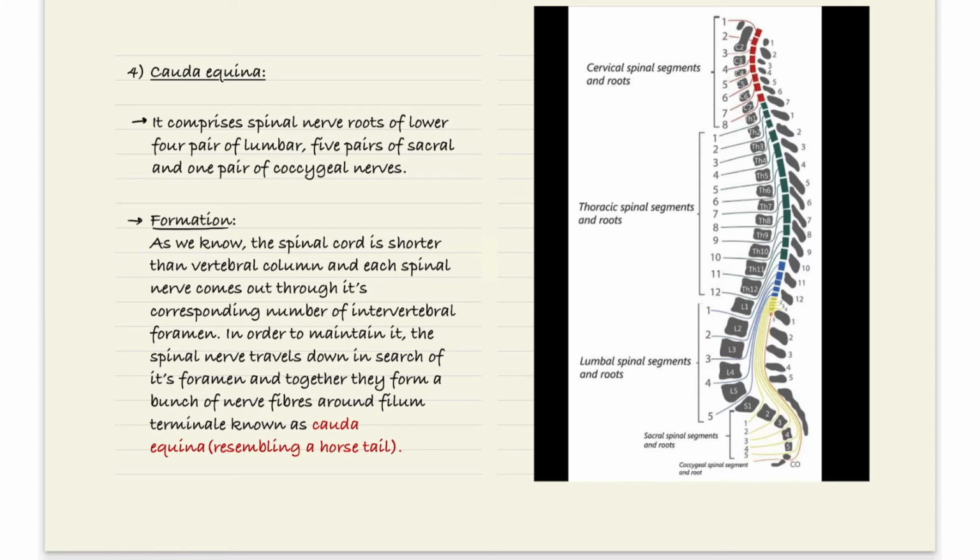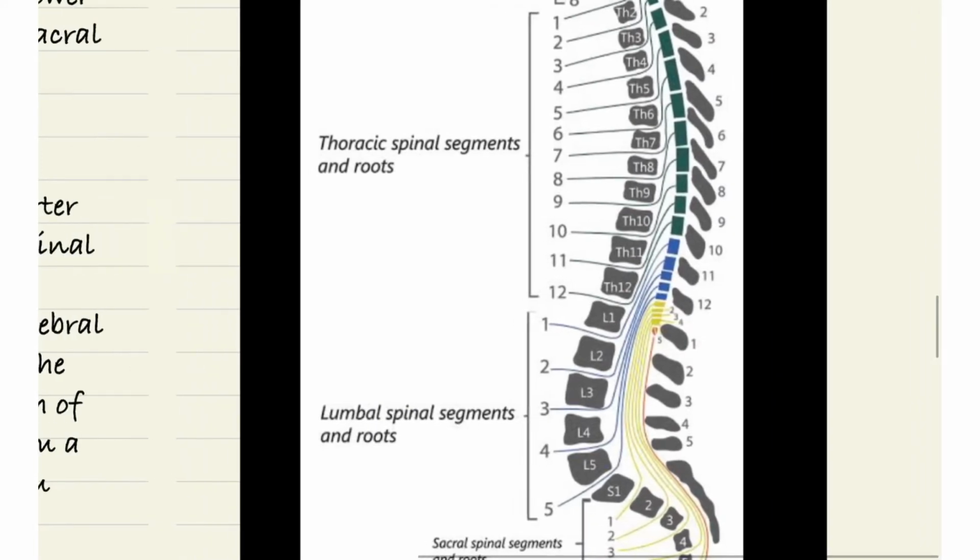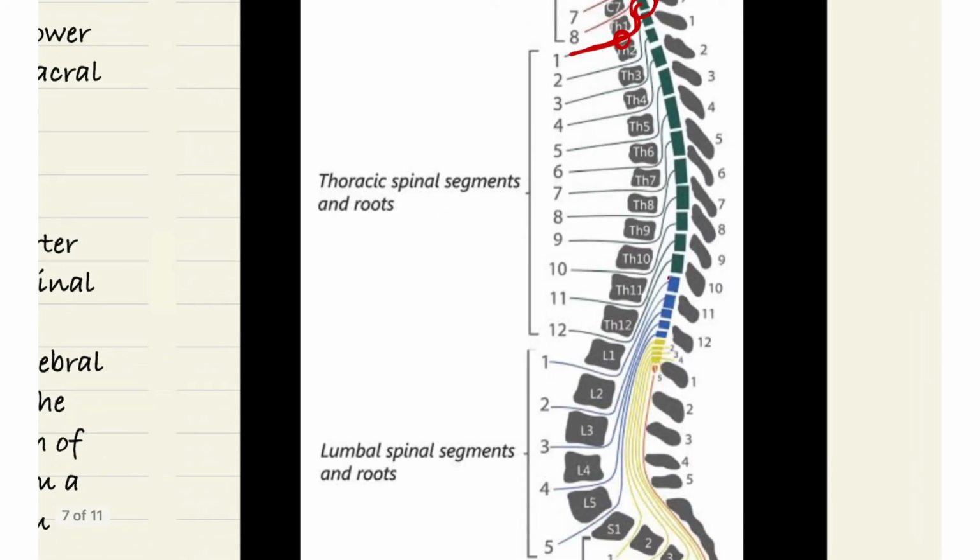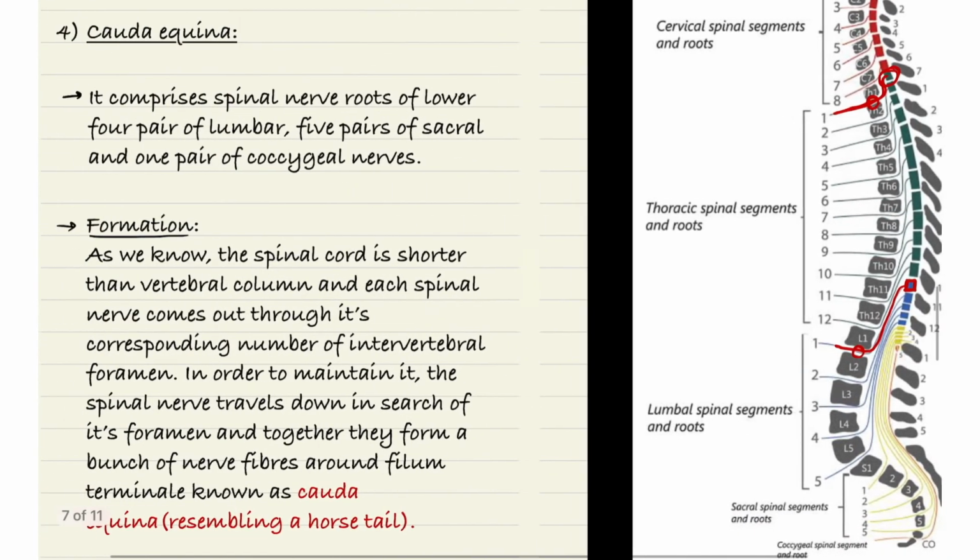So suppose this is the L1 spinal segment and this is the intervertebral foramen from where the L1 spinal nerve has to come out. So obviously this has to travel down and it will come from here. Now let us read this.